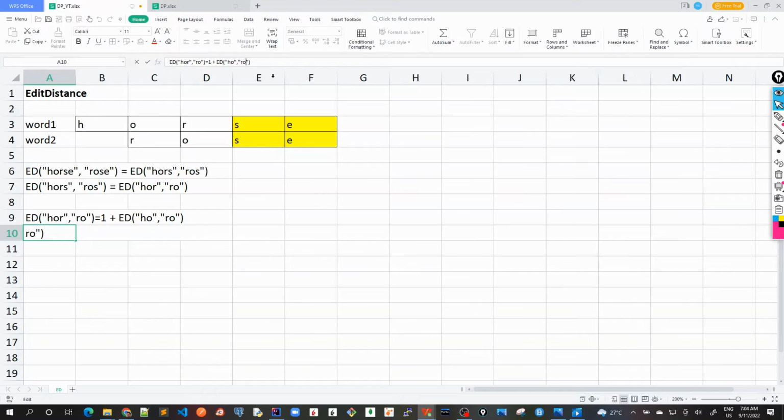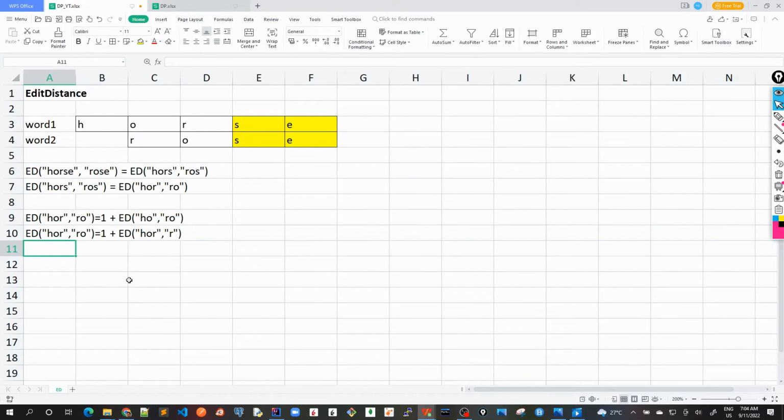That one we have already got, and we have removed O from RO, so it would be RO and HOR, because we are deleting this first and then breaking it down into the subproblem.